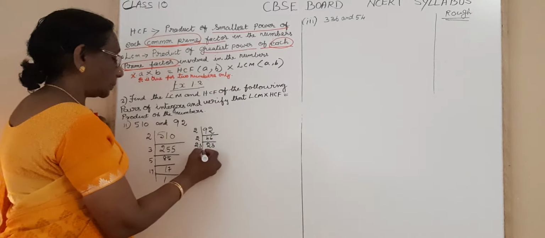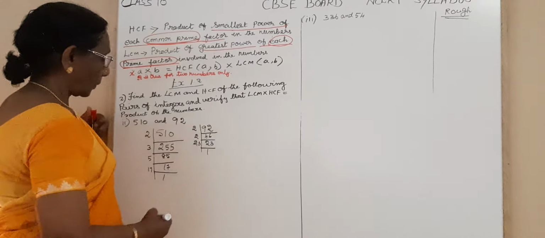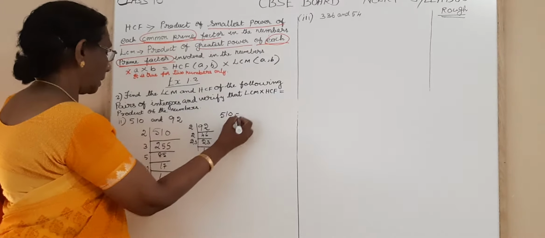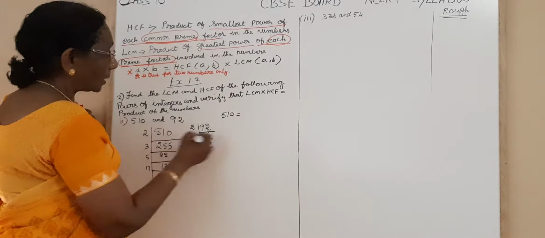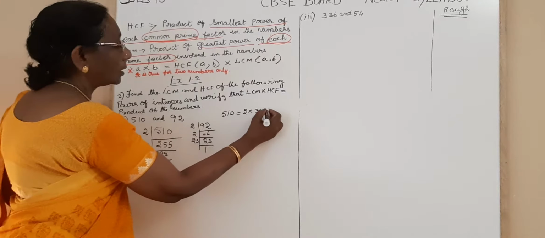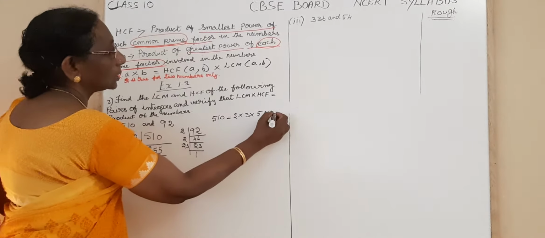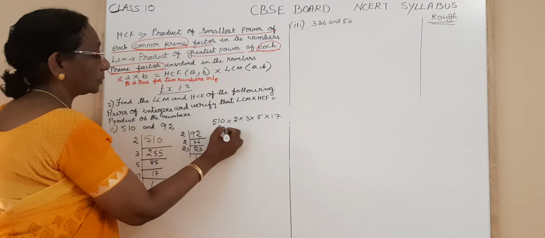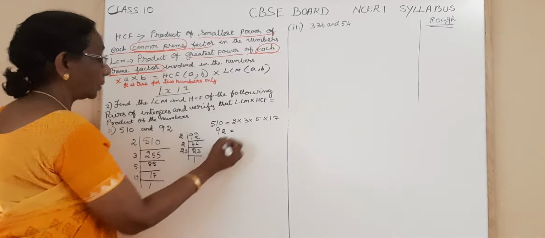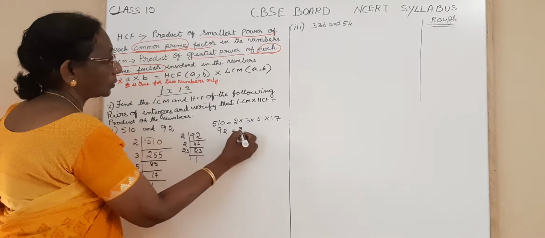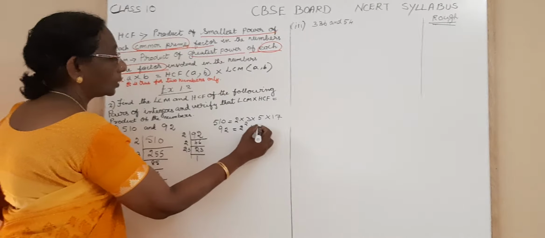Here 23 is a prime number. So now 510 is equal to, what are the prime factors? 2 into 3 into 5 into 17. And 92 is equal to 2 times, so we are getting 2 square into 23.